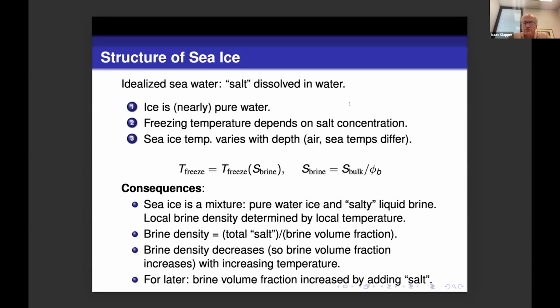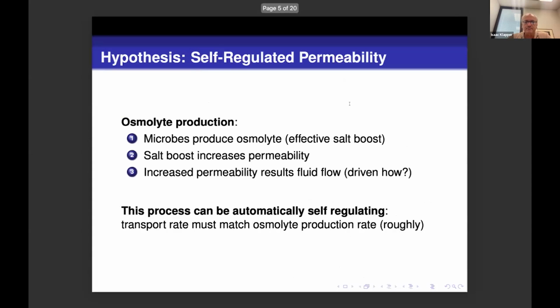That seems promising for microbes if they can set themselves up down at the bottom. If there's enough brine there, then you might actually be able to generate some flow and communicate with the underlying ocean. Okay, so here's our hypothesis about how these microbes might be working.